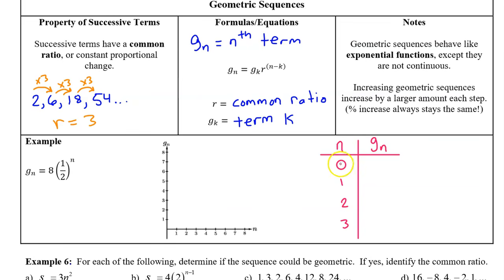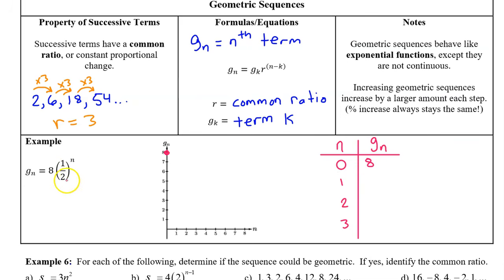Let's start with term 0. If we plug in 0 for n, 1/2 to the 0 power is 1. 1 times 8 is 8. So g0 would be 8. So that's going to be right here. We can find g1 by plugging 1 in for n.